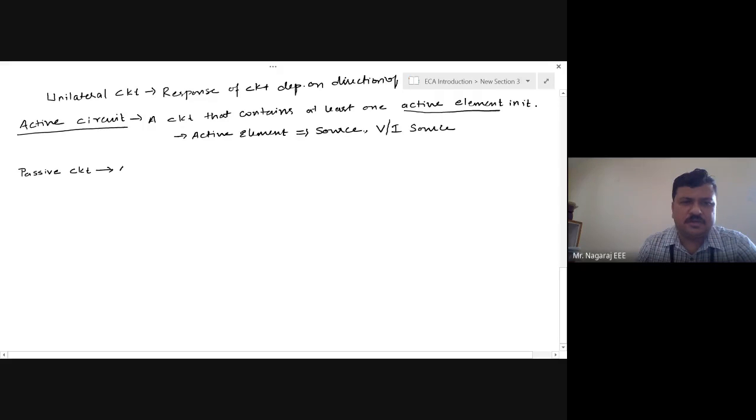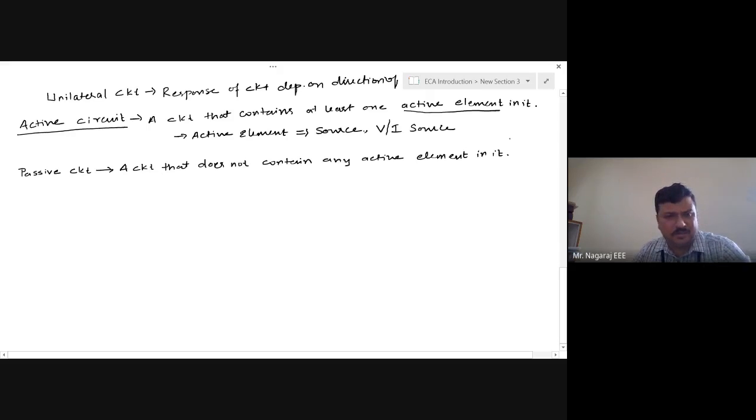Opposite of active circuit. Then will there be a circuit like passive circuit? Just now I told that without the active sources, work done is unimaginable.